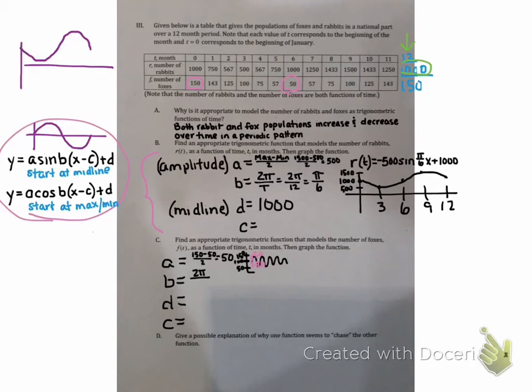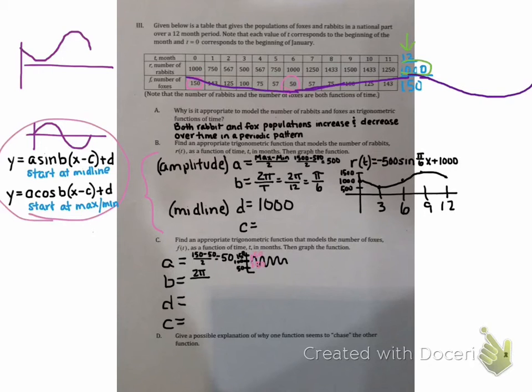Okay, so let's go back up there to our fox population. And what do you see up there? Do you remember how we drew our curve before? We took that curve and we said, okay, it starts at 150. It goes down, down, down to my minimum. And then it goes up, up, up until I hit month 12. And then we guess it's going to go down, down, and then up, up.